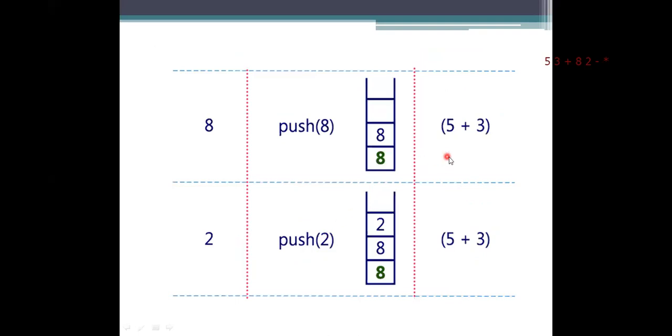Coming to the next element, whatever resultant we get, we have specified in a different color. The green one represents the resultant of the previous one, and the remaining is given in blue. So here the next element is the 8.